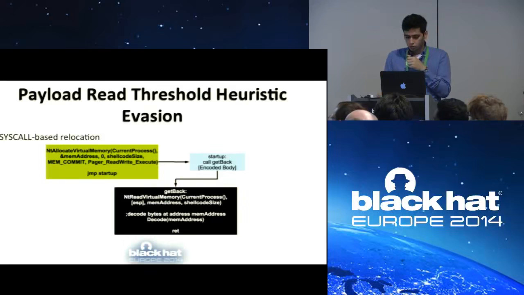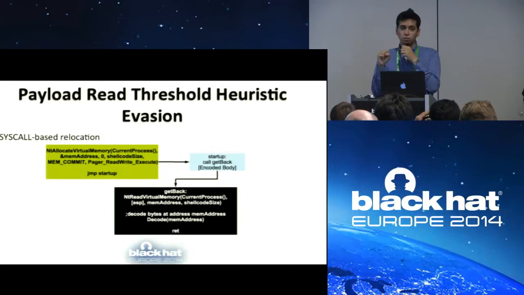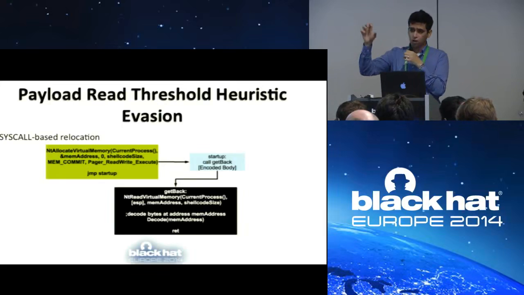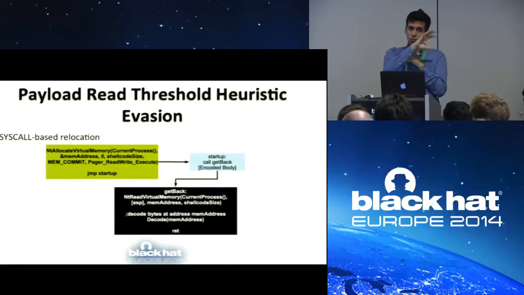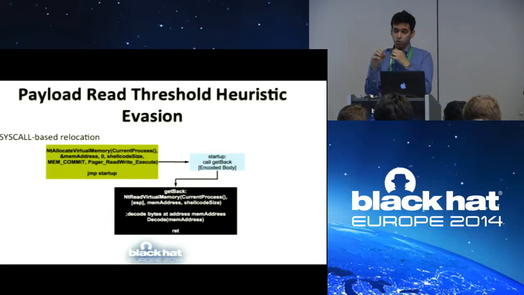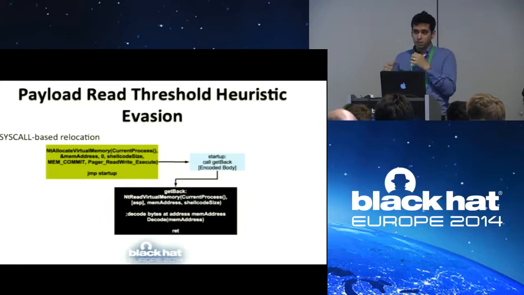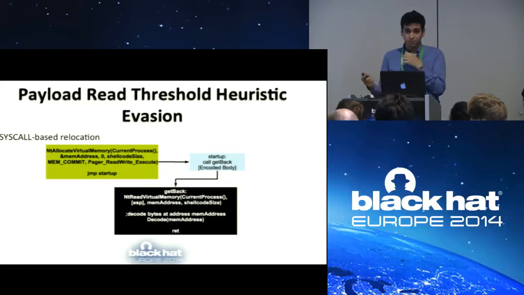Then, rather than reading your shellcode multiple times and copying it somewhere, you read your entire shellcode just one time, by this NT read virtual memory, and put it in your allocated virtual memory. As a result, you don't have those multiple reads which flag you in the EBNIDS.